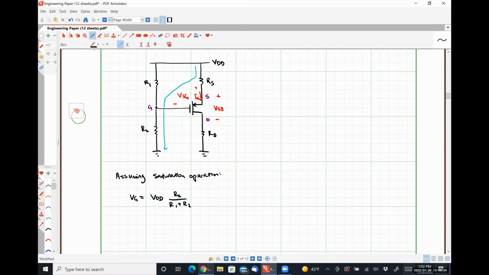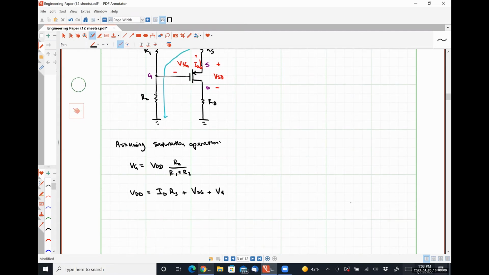Okay, so we can say that VDD, the power supply voltage, is the voltage drop over our resistor RS plus the quantity VSG plus the quantity VG. So it's going to be ID times RS plus VSG plus VG.